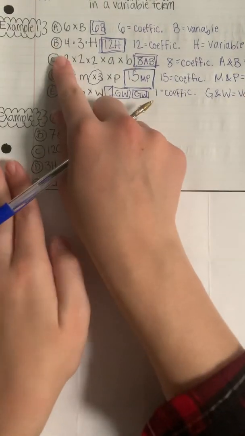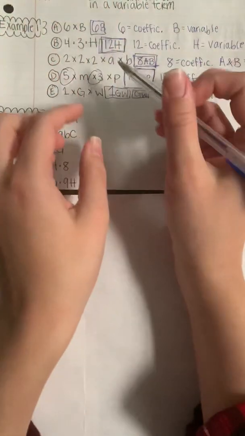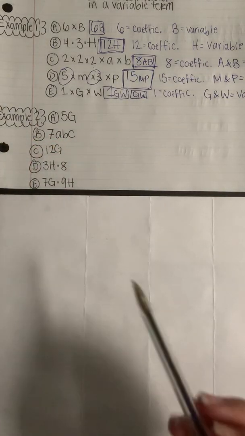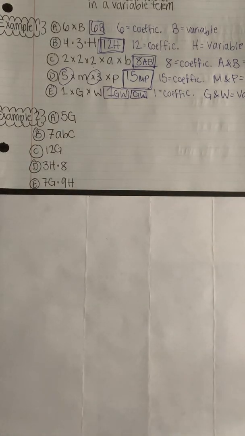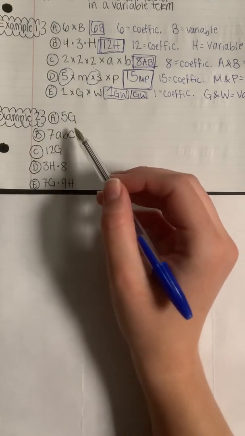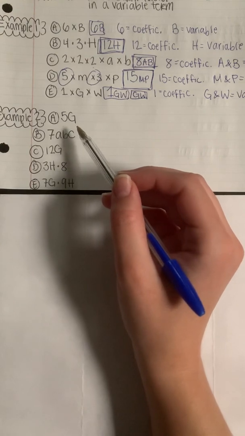So in example 1, we actually kind of made them shorter, right? We took out the X's, we figured out how we could write the term in the smallest way possible. But for example 2, we're actually going to expand them and make them bigger. So for A, 5G, I know that means multiplication.